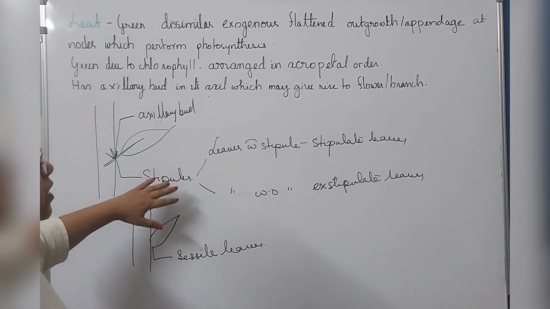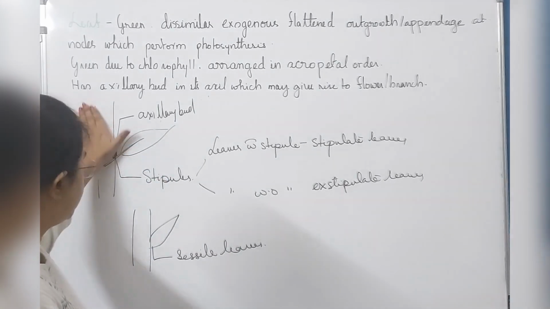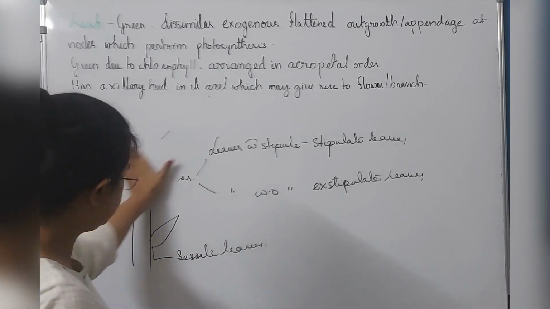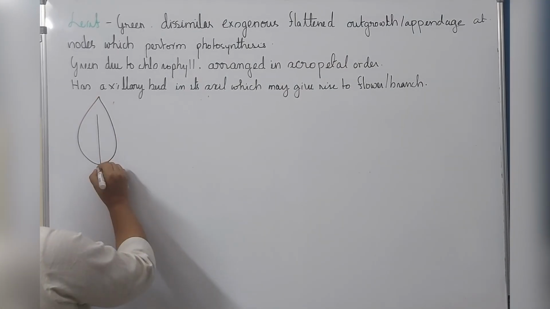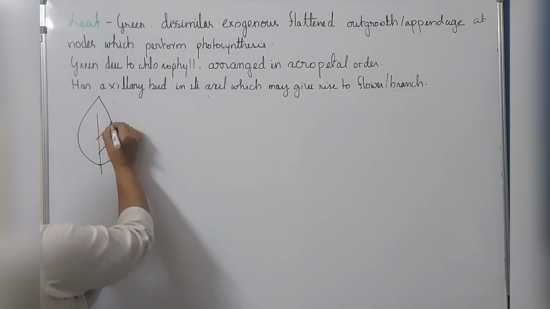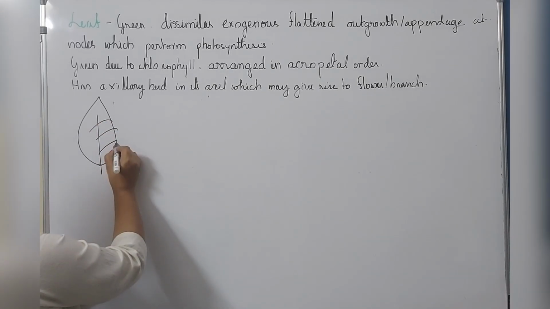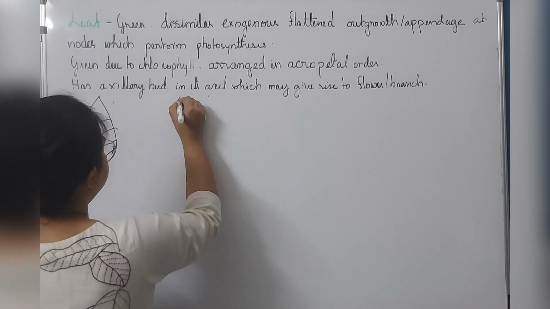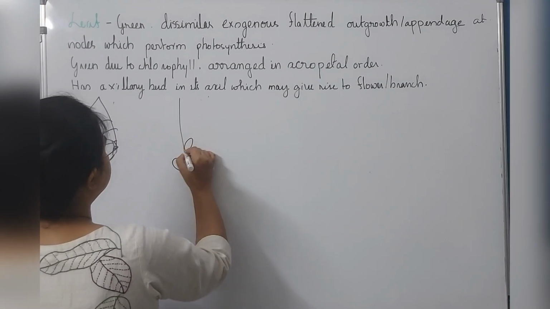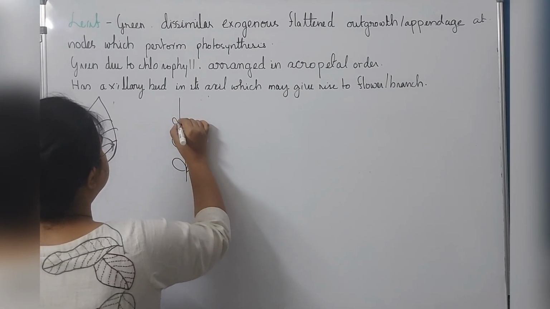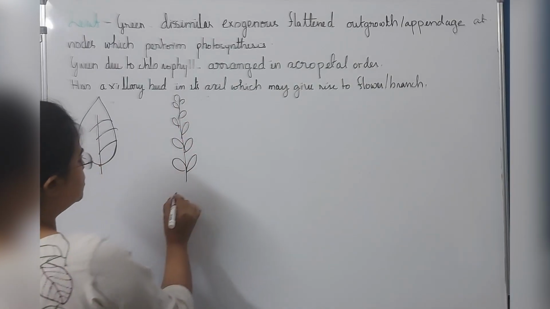Now let us look into the structure of a compound leaf. अब तक हमने simple leaf देखा था, which was this, right? Now incisions या cuts have occurred, और ये this is the midrib, और इसके ऊपर ये छोटे छोटे पत्ते आ गए हैं. So this is the compound leaf.